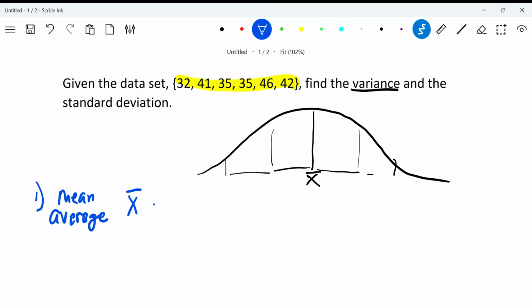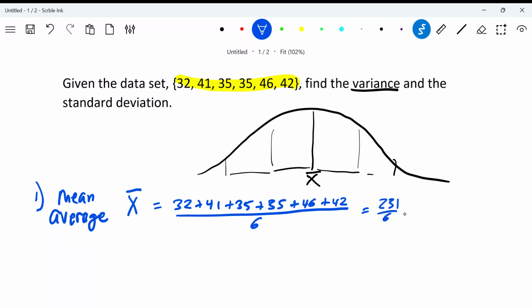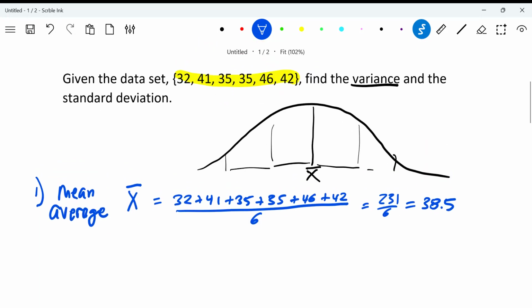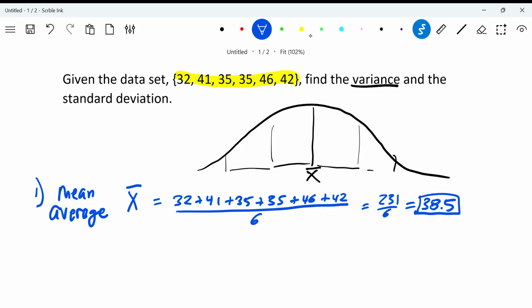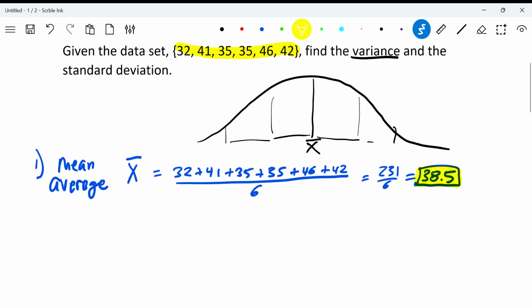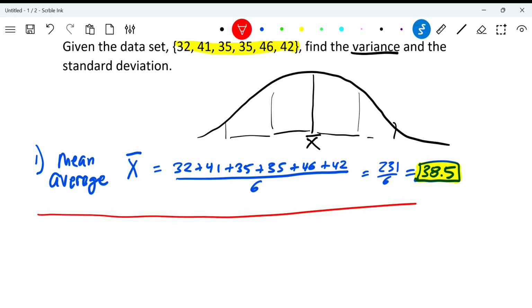So if we take those numbers, 32 plus 41 plus 35 plus another 35 plus 46 plus 42, and divide that by how many there are, which is 6, we get 231 over 6, which is 38.5. Generally, rounding to one decimal place is the best way to do most statistical numbers, unless you're told differently or there's a reasonable reason not to.